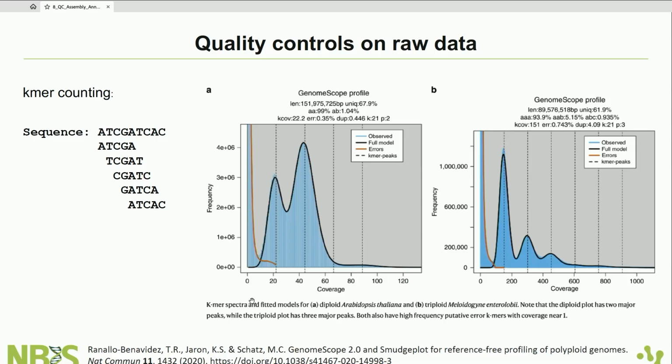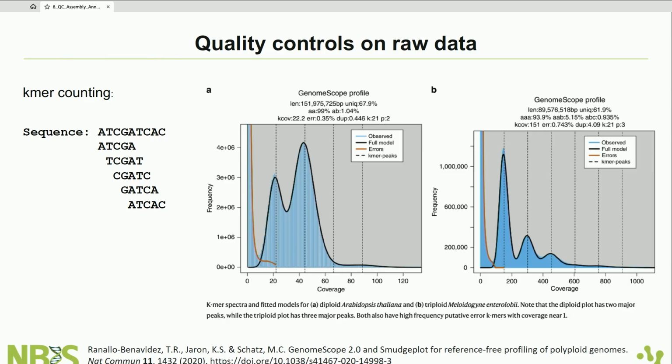But I think, yeah. So there are many different things that you can do for quality check. And especially if you start out working with a species where little is known beforehand, you may want to get some first peek on what this species might look like already from the raw data.